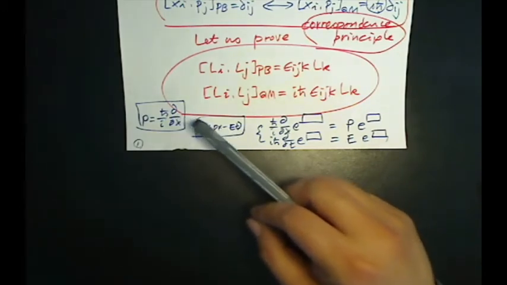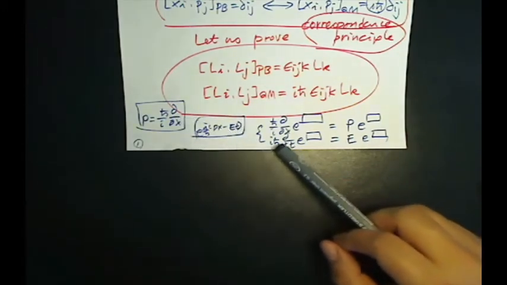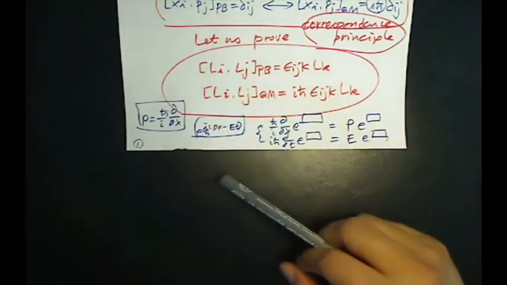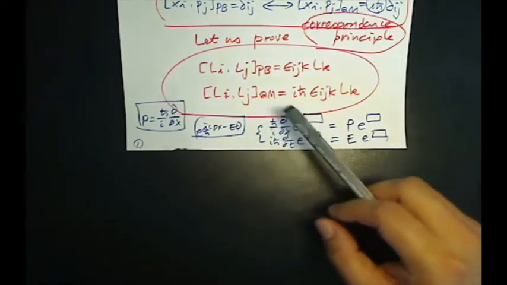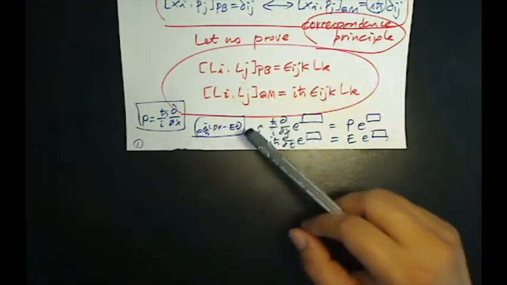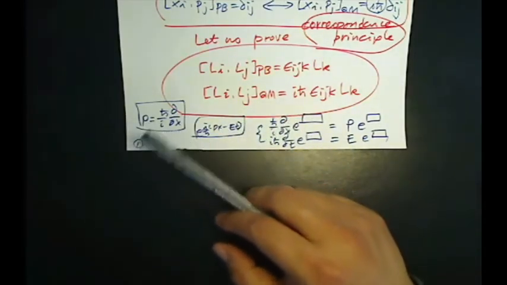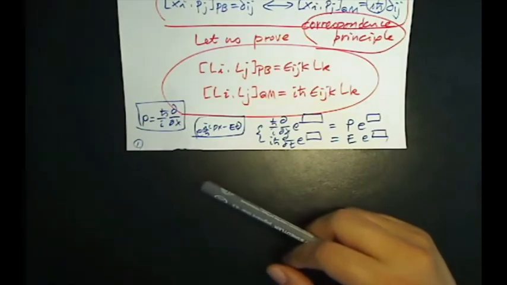To find the energy, what we do is multiply i h bar by the time derivative. Then that is the eigenvalue problem and the eigenfunction for the free particle, and those are the eigenvalues for momentum and energy.